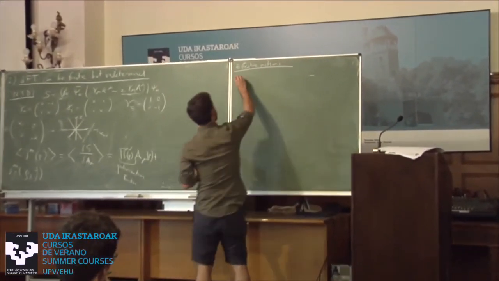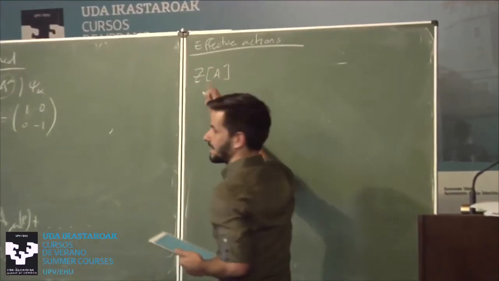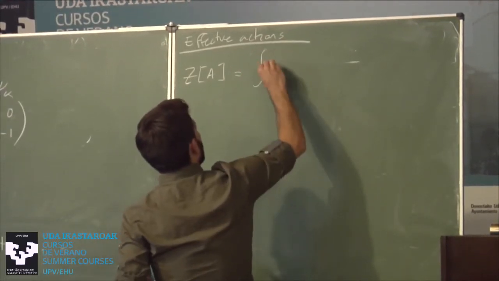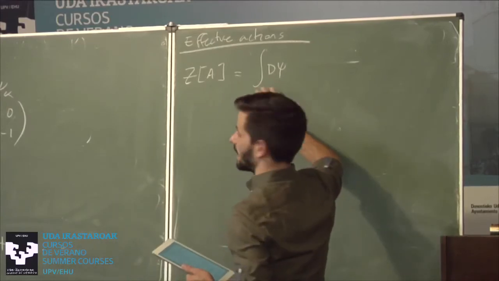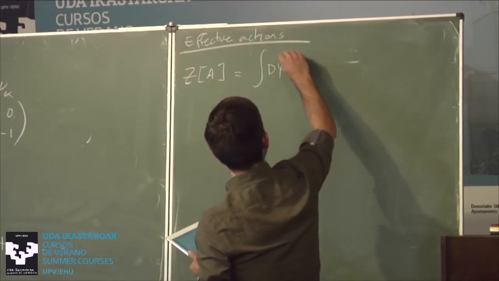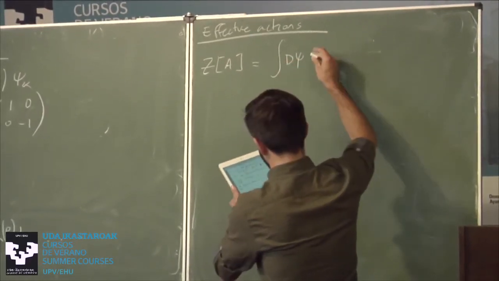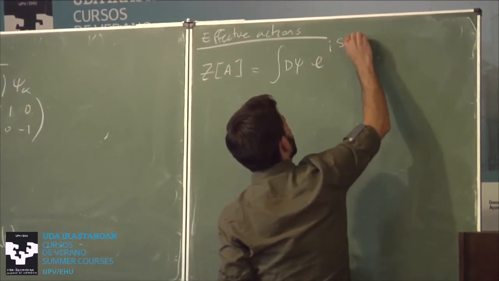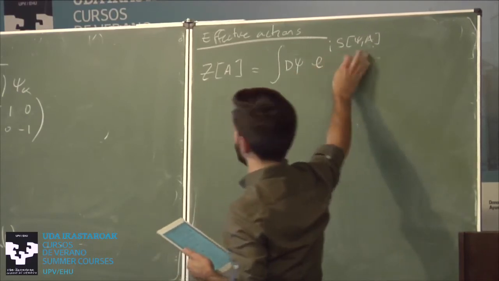Let me write the partition function. It will depend on A because A is an external field. I'm not going to integrate over this A. And as you might remember from your field theory courses, I can write it as a path integral over these Grassmann variables of e^{iS[psi, A]}. This S[psi, A] is whatever action.